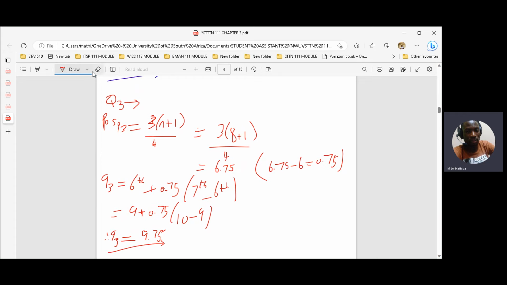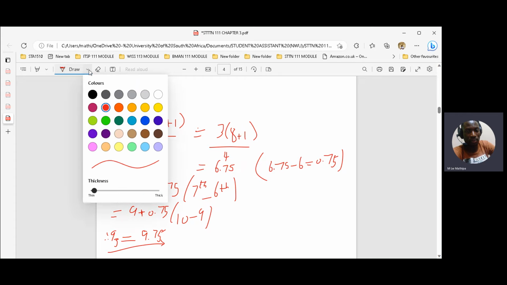Now let me give you another example of how to calculate Q1 and Q3. Let me use this side here so that everyone can see.